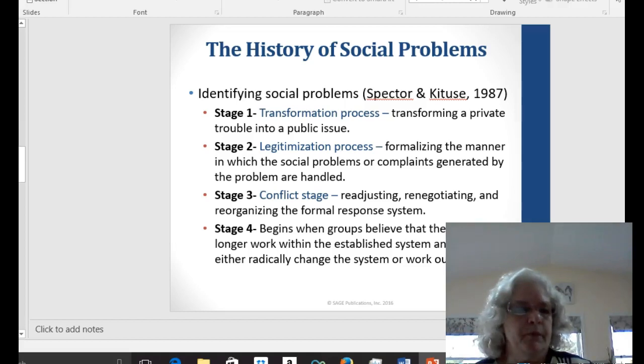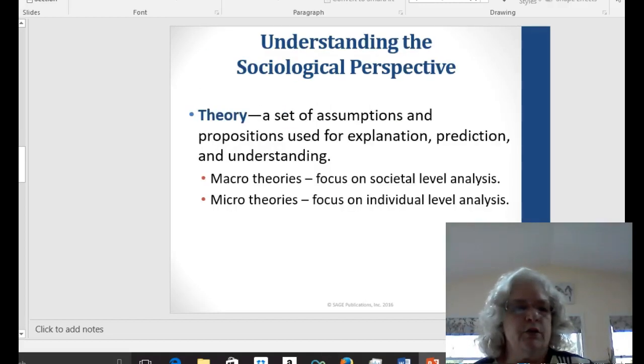So, understanding the sociological perspective, we do it through theory. For those of you who have taken theory classes before, you often talk about the micro and the macro, and you talk about mesotheories. For this course, we're at a freshman level, so we're looking at micro and macro theories.